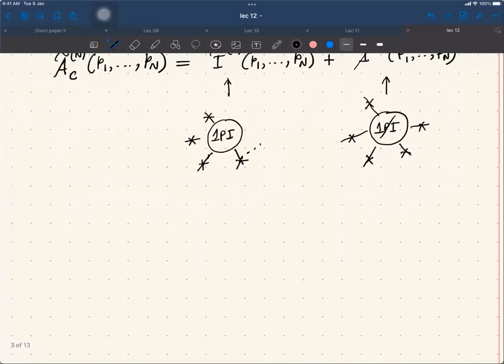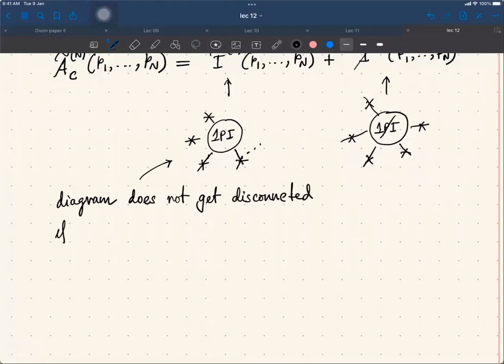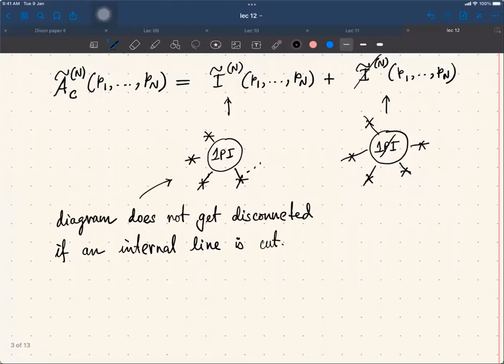Now, what is 1 PI? These diagrams are such that the diagram does not get disconnected if an internal line is cut. Okay, that's the definition of a one particle irreducible diagram.